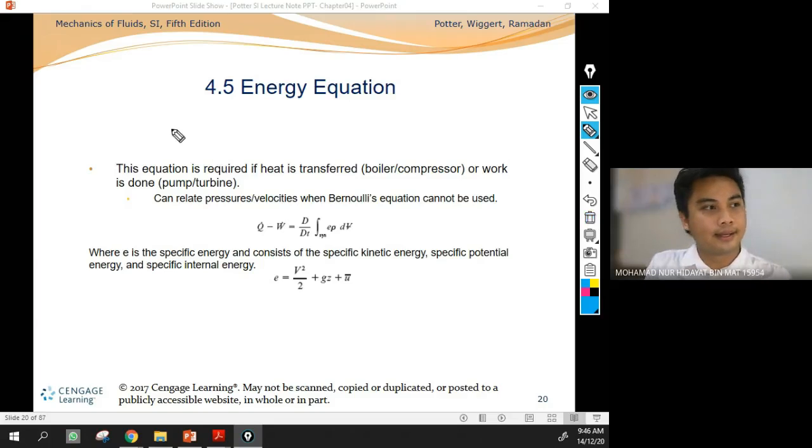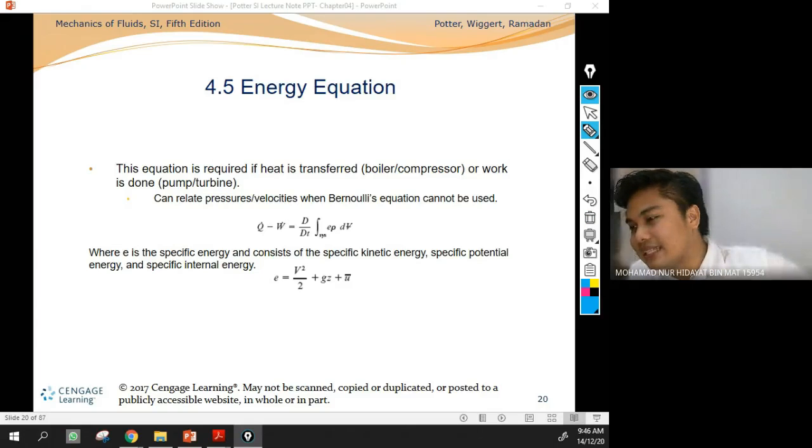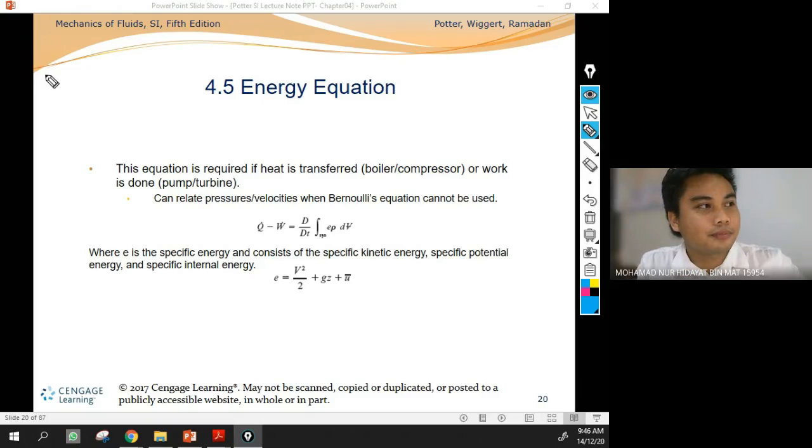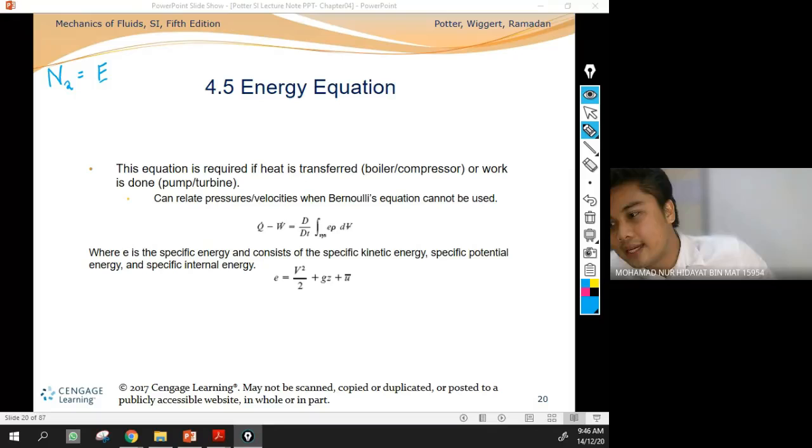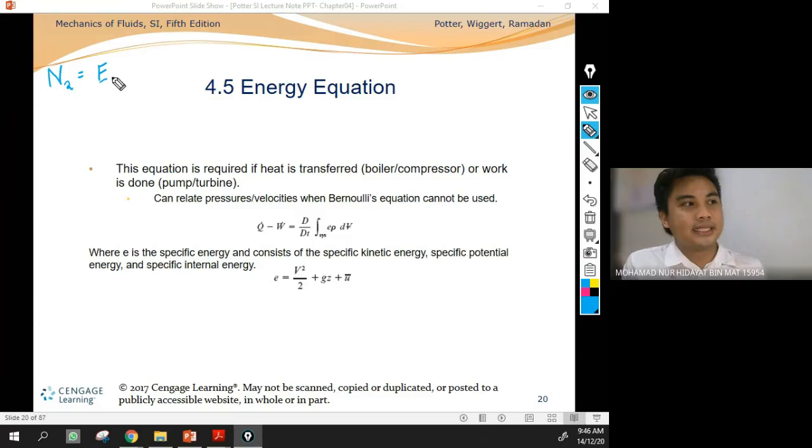So now we go to extensive property number 2, which is energy. Remember previously we learned extensive property number 1, which is mass. Now we go to energy, extensive property number 2.